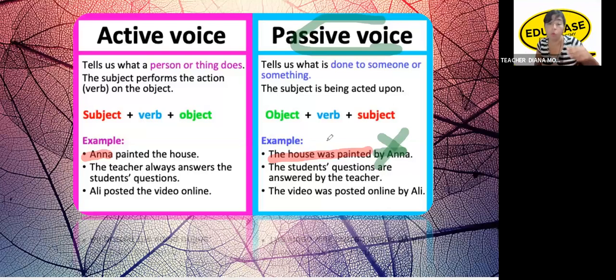And you're gonna say, well, the house was painted this year, or the house was painted 2 months ago. You won't say it was painted by my mom, by me, or by a company. For the information that you are giving to the client, you don't need to say who did the action, who painted the house. The important thing is to let him know that the house was painted.